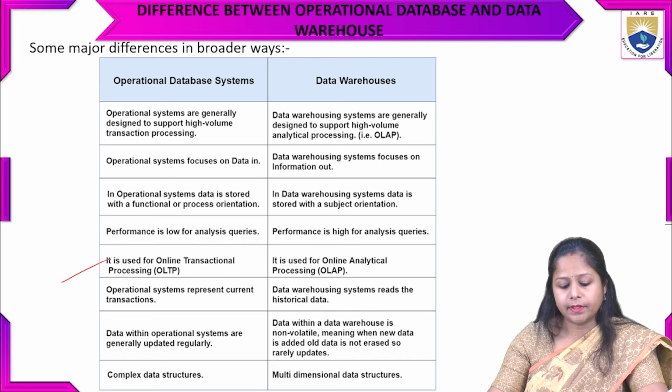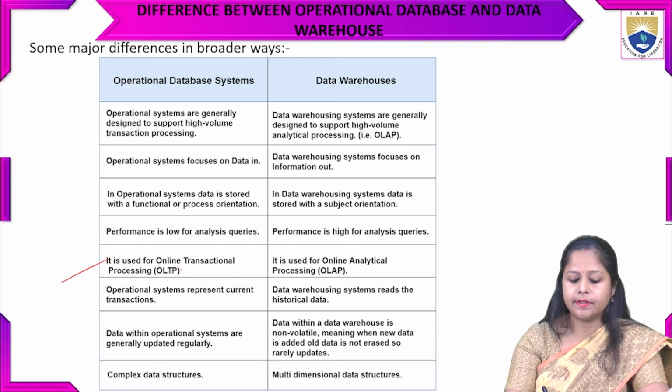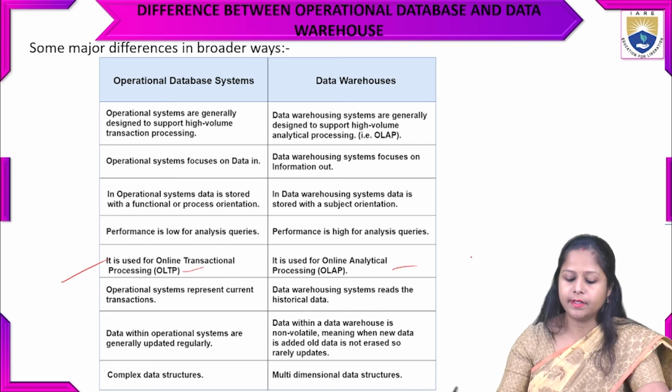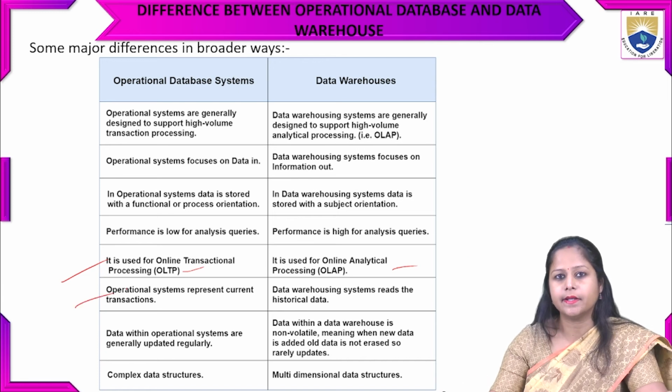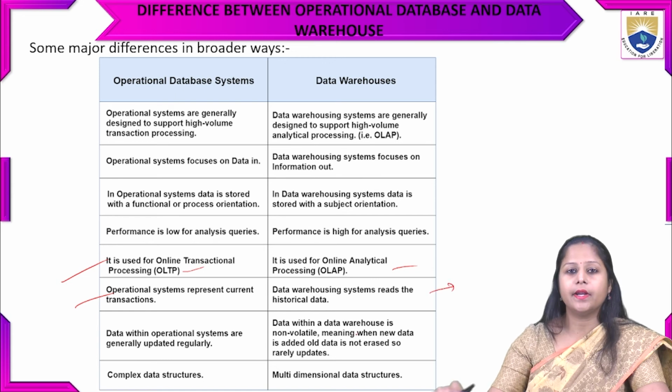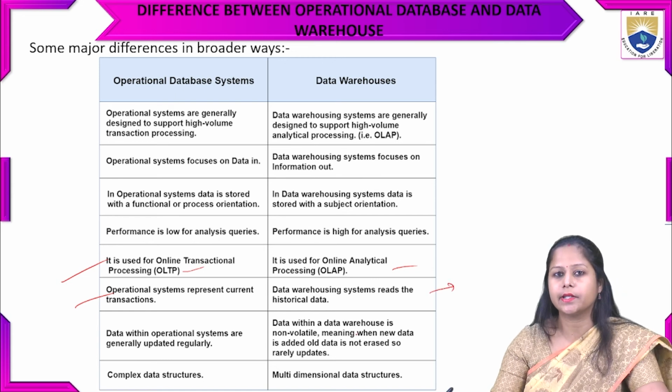The operational database uses transactional processing, OLTP, as we have seen, while the data warehouse uses OLAP, that is analytical processing. The operational system represents current transactions, current data. In the data warehouse, it will be historical data.